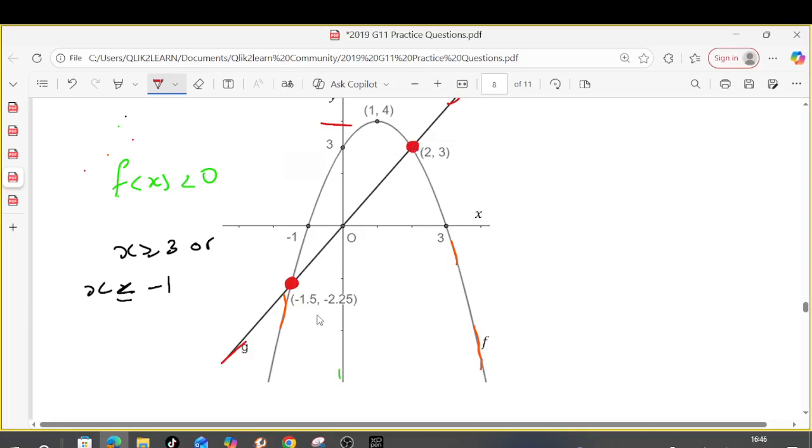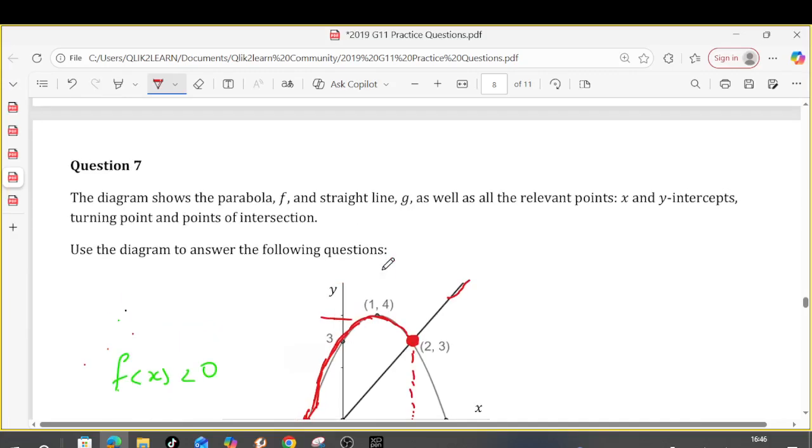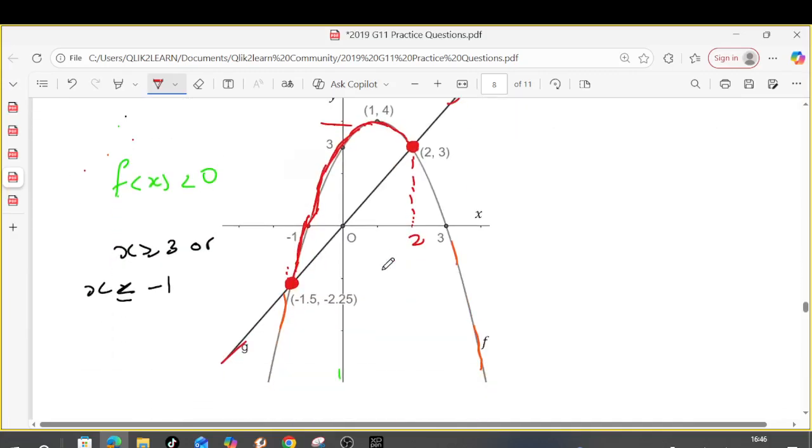Then we need to look at where f(x) is above. You see the red part? It's where f(x) is above g(x). So from this x value here, which is 2, the x value is 2, and up to this, do we have a point of intersection? Yes, we do.